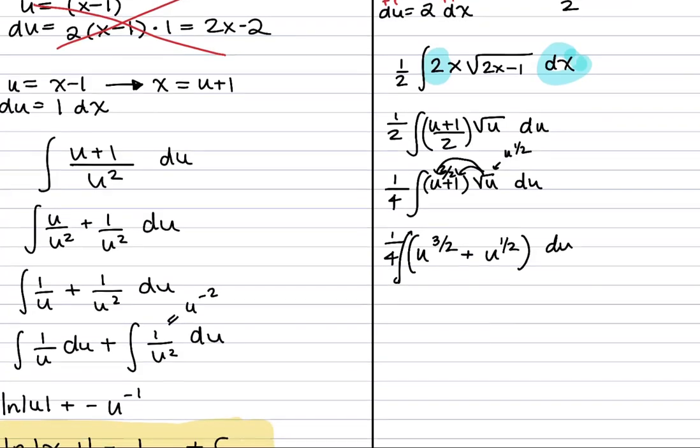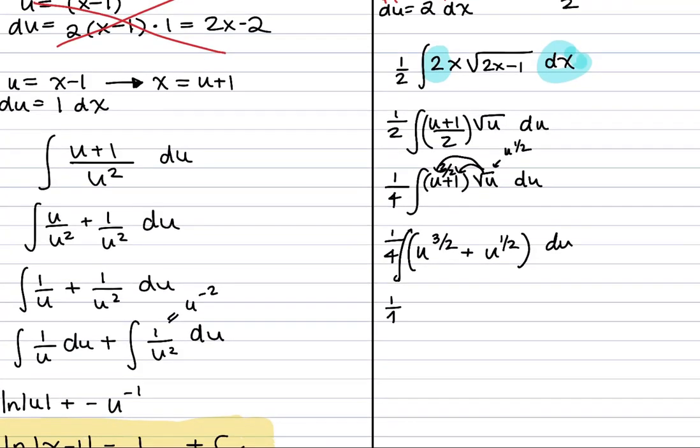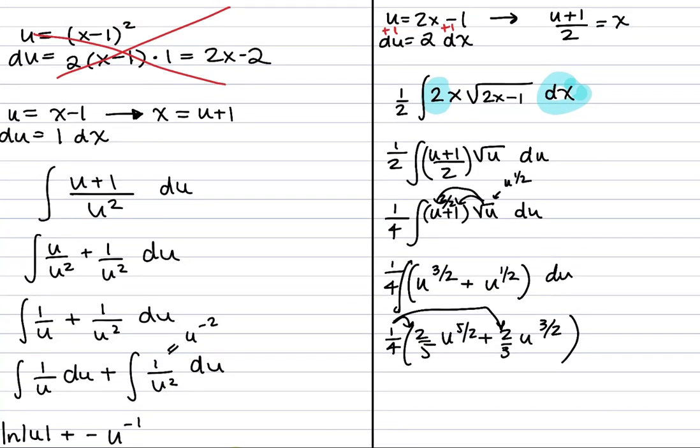Power rule, so we have a quarter times, upping the power by 1, you get 5 halves, multiply by the reciprocal. Up the power by 1, you get 3 halves, multiply by the reciprocal. And that quarter is applied to everything because it's out front of the integral. Now I can substitute back in my expression with x.